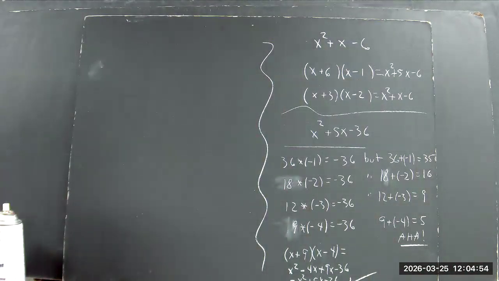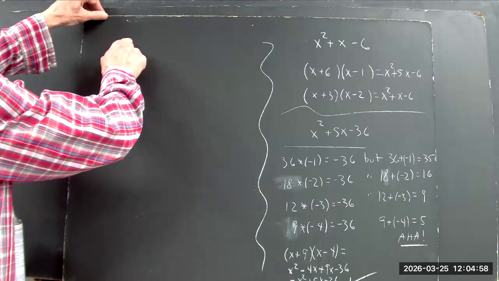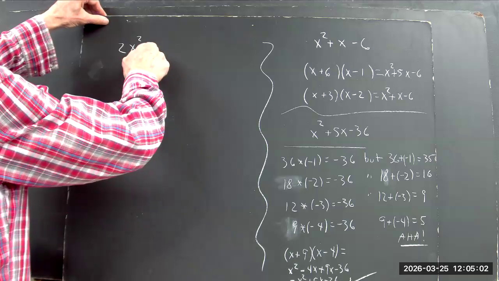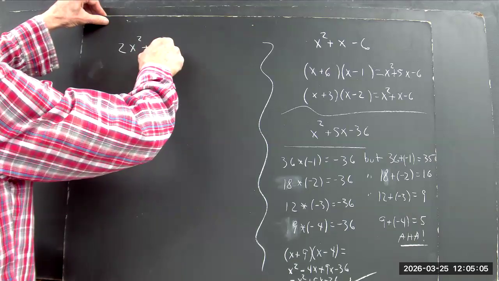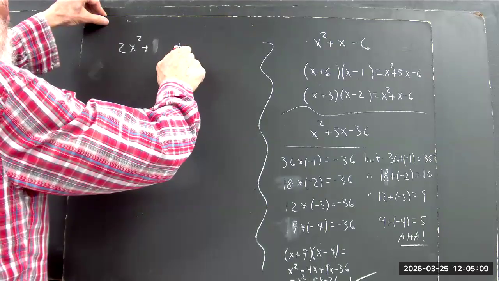Let's say we have 2x squared. Well, let's get the number over here. Plus 5.